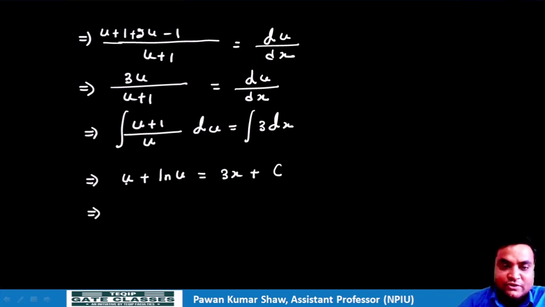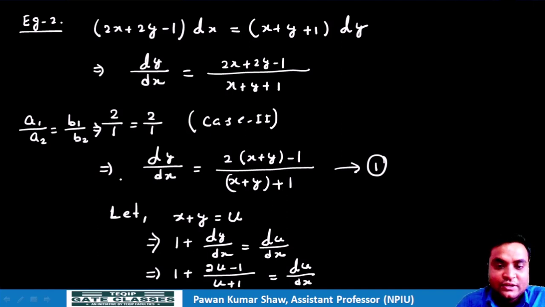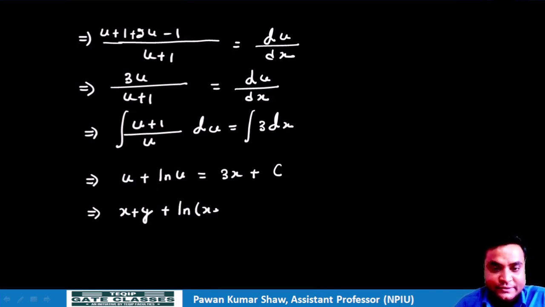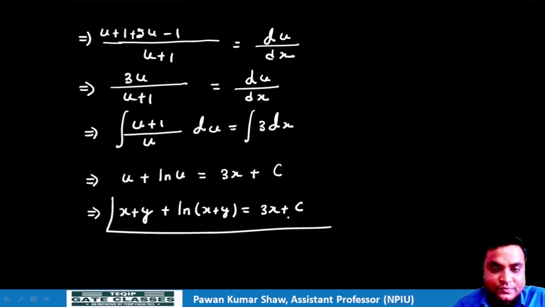What was our u? We assumed u is x plus y, so we replace the value x plus y, so that we can write our final solution in terms of x and y. So this is our general solution.